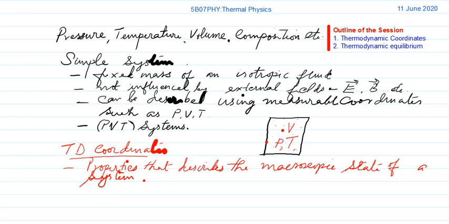Now, having defined what is meant by thermodynamic coordinates, we are in a position to define thermodynamic equilibrium. In order to define thermodynamic equilibrium, we should first understand the meaning of equilibrium, or why we are bothered about studying systems which have attained equilibrium.